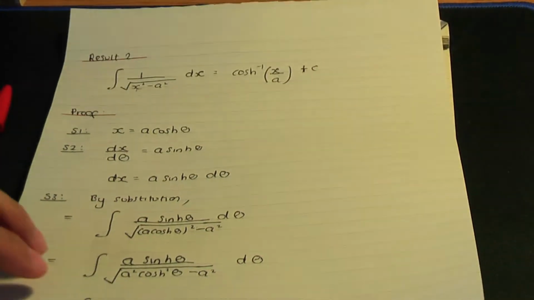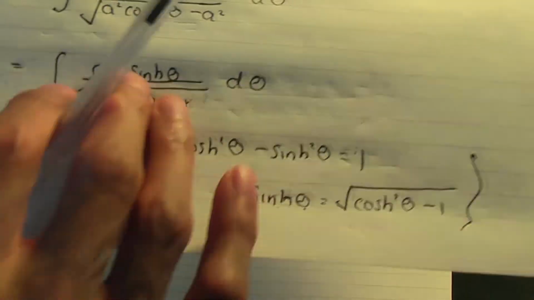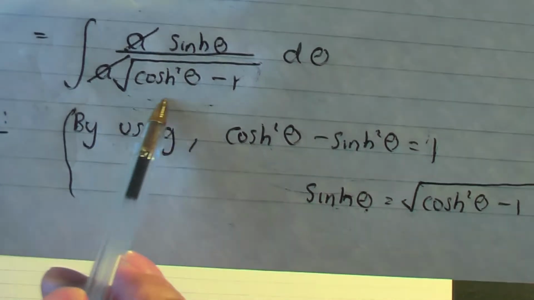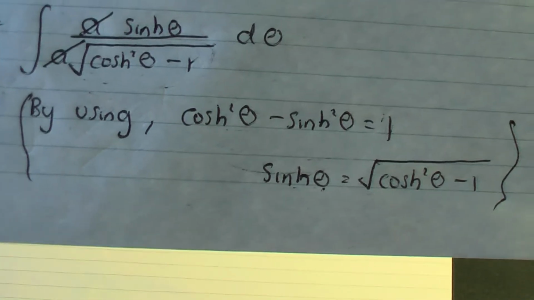So let me continue on the reverse. We're going to have the integration of, so let's remind ourselves, I've got a hyperbolic sine theta on top divided by, and the root of hyperbolic cos squared theta minus 1 is hyperbolic sine theta.